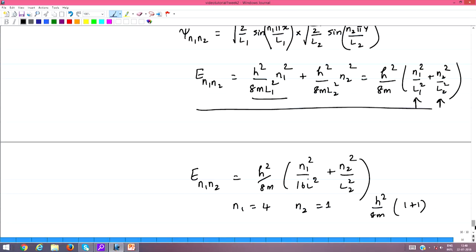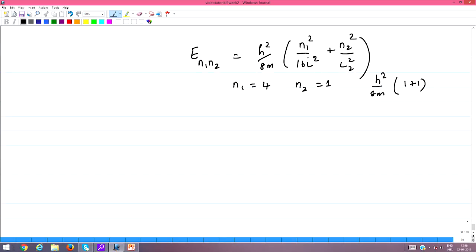Does not do anything. Now, if n1 is 4 and n2 is 2, E is given by 4 square is 16 by 16, 1, and 2 square is 4. This gives you 5 h square by 8m L2 square.